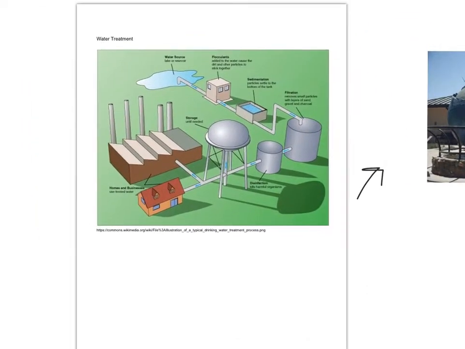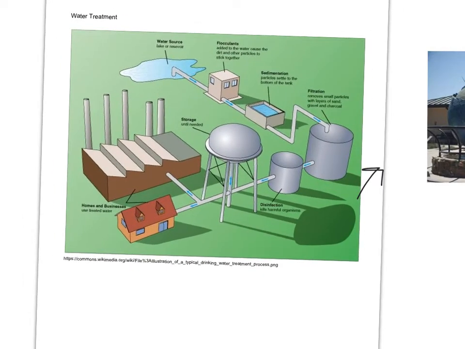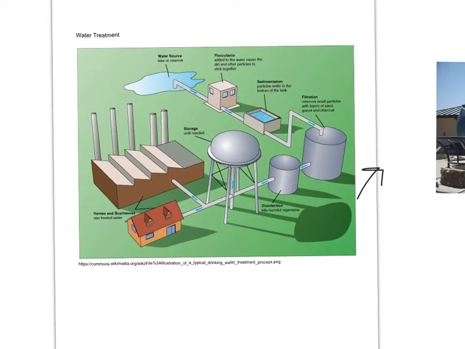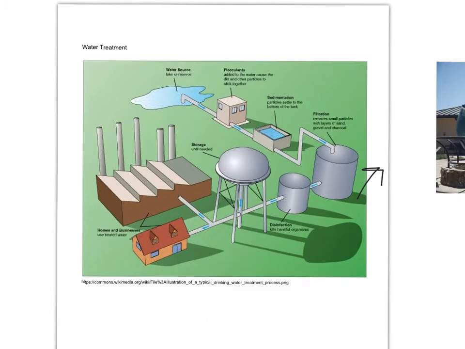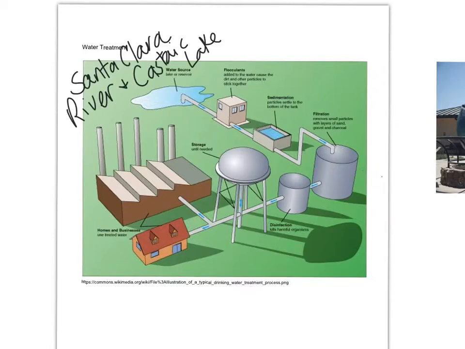All right, so we're going to start here with the diagram, and you're going to label it. For us in Santa Clarita, we have two sources of our water: the Santa Clara River and Castaic Lake. The Santa Clara River has aquifers underneath it, so even if there's not surface water on top of the river, which is most of the time, we still pump water out from underneath.